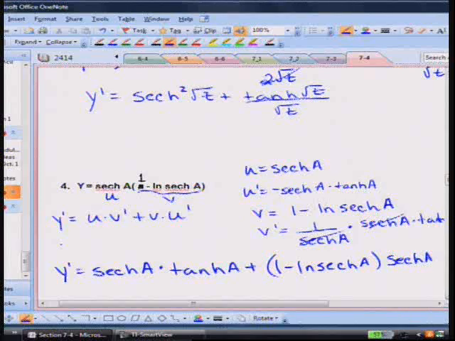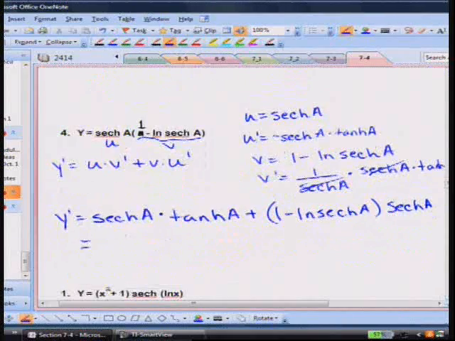Okay. And it's kind of fun, I guess. Hyperbolic secant is 1 over, I don't know. I wonder how much they want us to simplify this. Quite a bit. So okay. Do you guys agree with it?